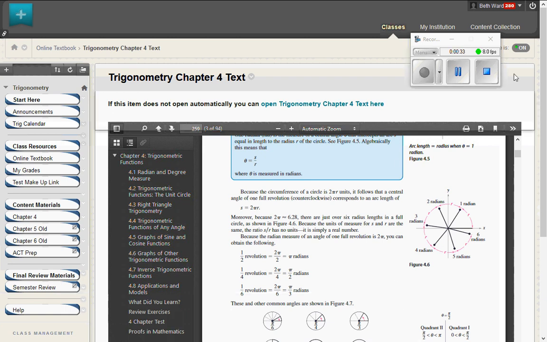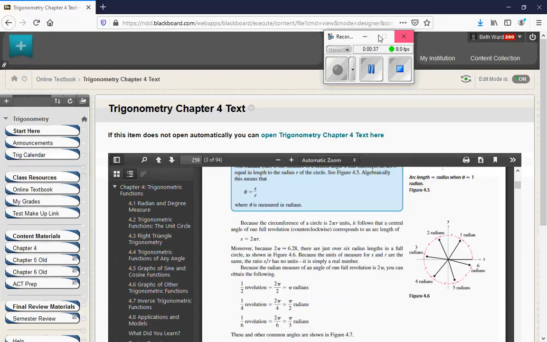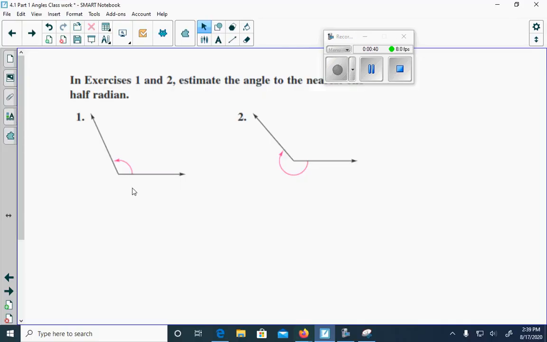So when I look at the first one, I see that my angle of rotation is going in the positive direction. So I know my angle is going to be positive. I'm going to guess this is about positive 2 radians, just doing my best educated guess.